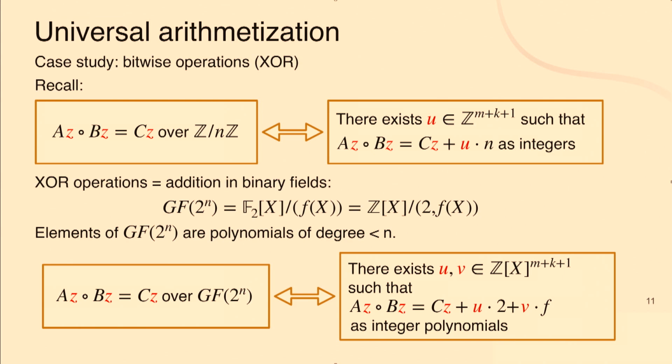Cyclotomic rings are quotients of Z[x] modulo an ideal. A prime field is a quotient of Z[x]. Z mod n is a quotient of Z[x], and so on. The only operation that we cannot really model this way is the bitwise AND. From all the operations of interest I mentioned, bitwise AND is a bit tricky, but you can do tricks anyway.